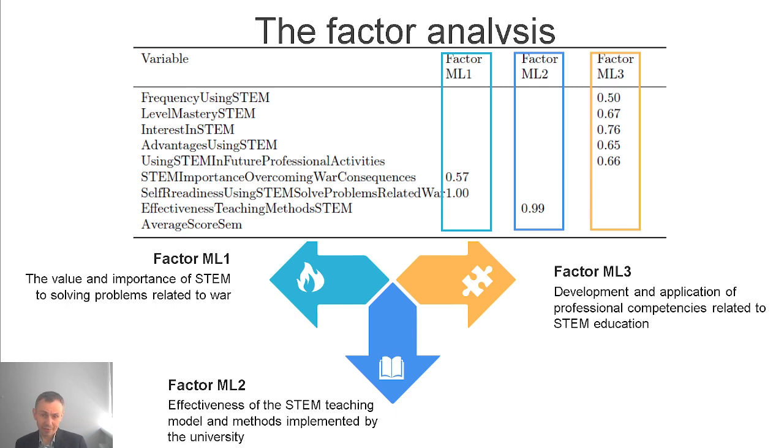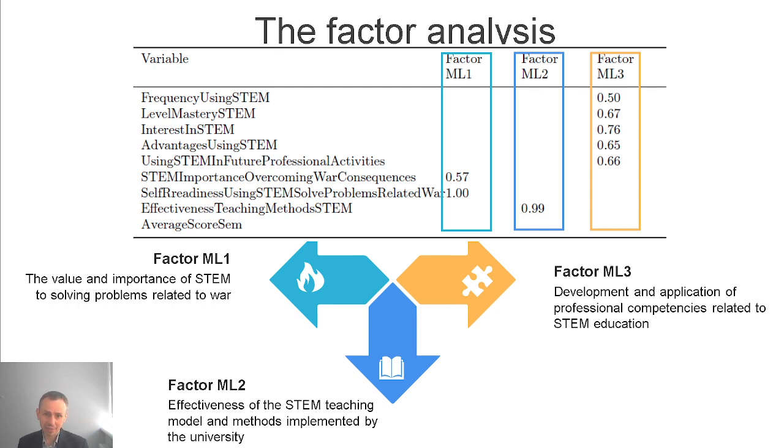In the three-factor model, the variable average score per semester, from the last row of the table, is not significant. This indicates that in our study there is no relationship between STEM technologies in education, students' attitudes towards STEM technologies, and their academic performance.